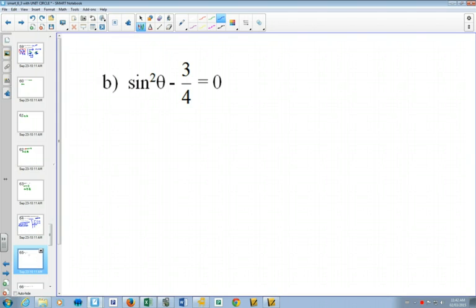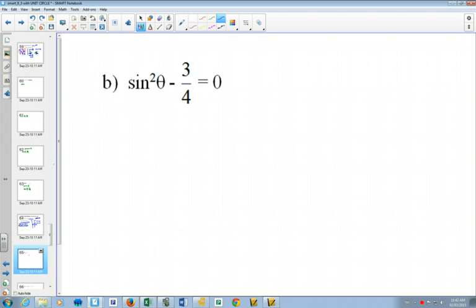Here we have another squared one. So the main idea that we had in our head from the first one is make one side equal to 0 and then factor. In cases where you just have the one thing squared, do you know that you could just get that by itself and then square root both sides?